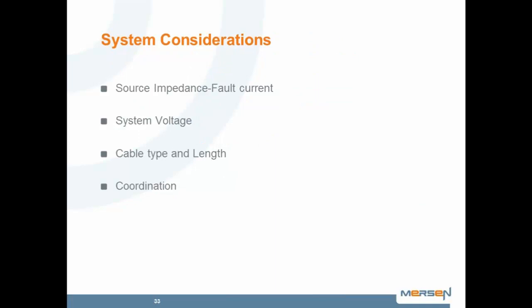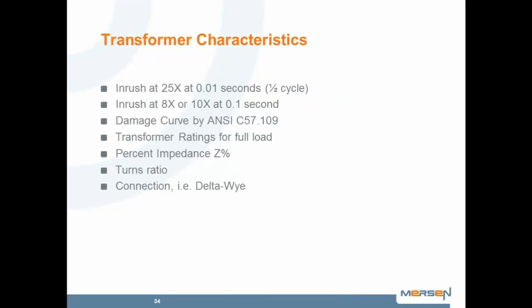These are the system considerations. The transformer characteristics: you don't want the inrush of the transformer to damage the fuse and cause nuisance fuse openings. You want to protect the transformer according to ANSI C57.109.